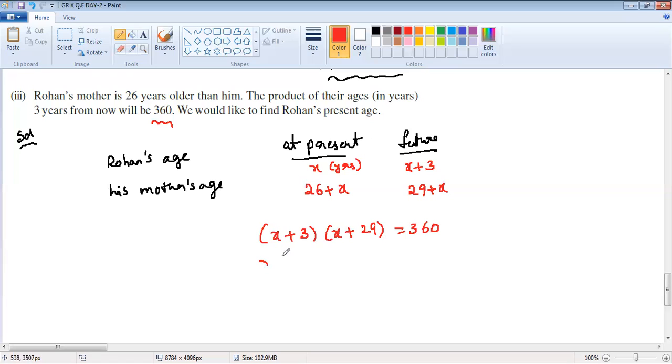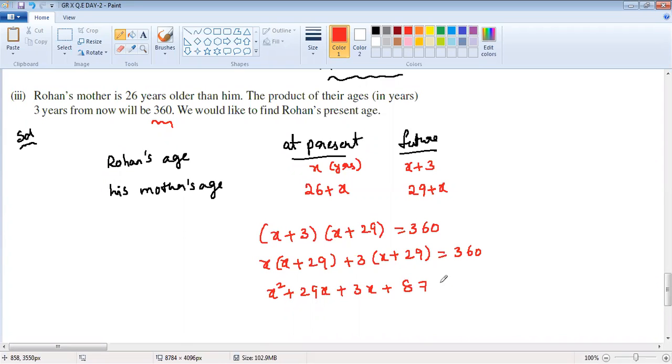Open the bracket: x into x plus 29 plus 3 into x plus 29 is equal to 360. x square plus 29x plus 3x plus 3 into 29. 3 nines are 27, 87. So it is equal to 360. Then x square plus 32x, then 360 minus 87, which is 273.